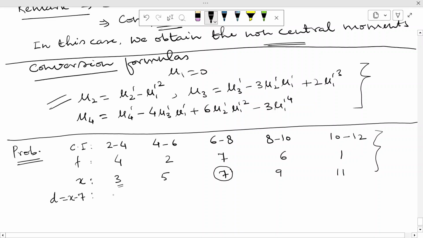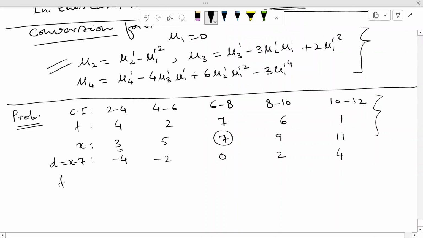So 3 minus 7 is minus 4, then minus 2, 0, 2 and 4. Now next we have FD, where we multiply this frequency by the corresponding deviation.